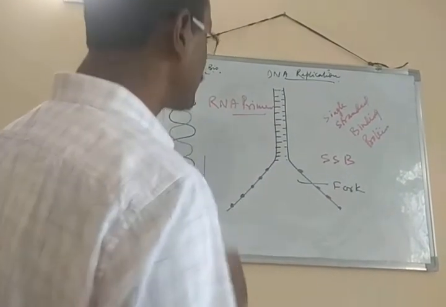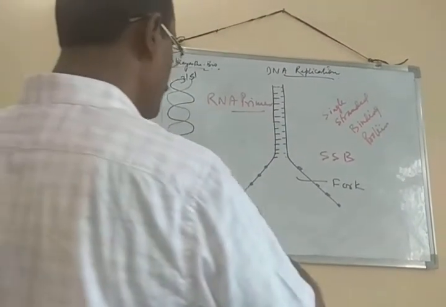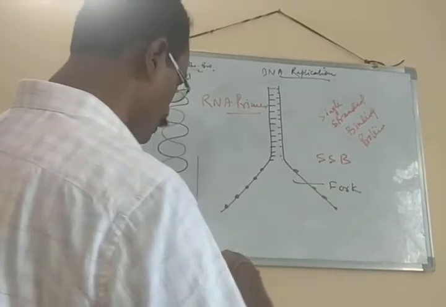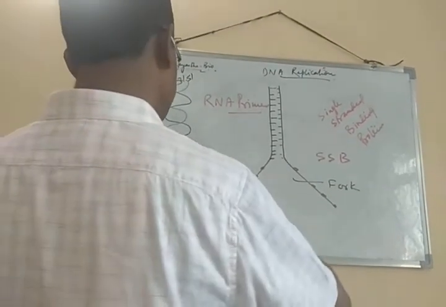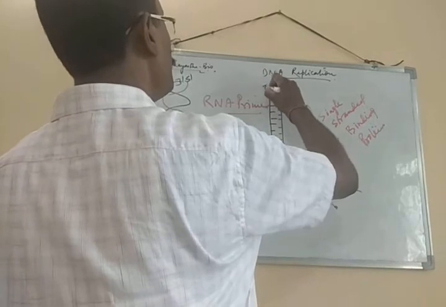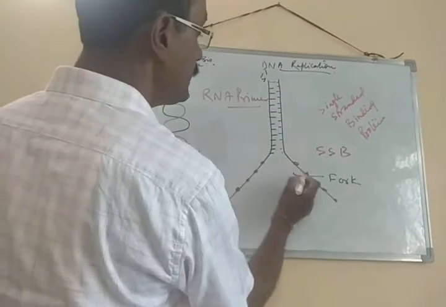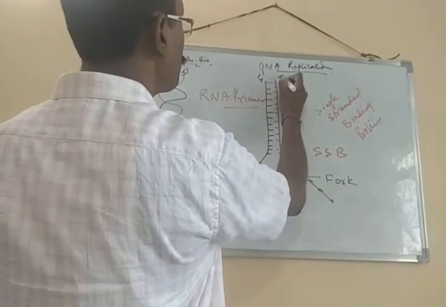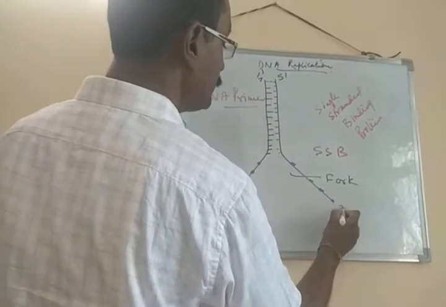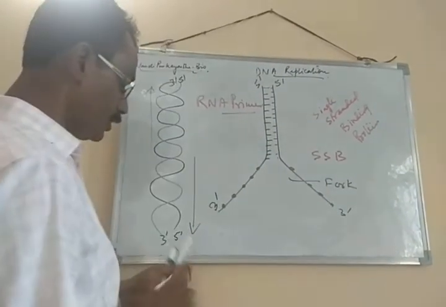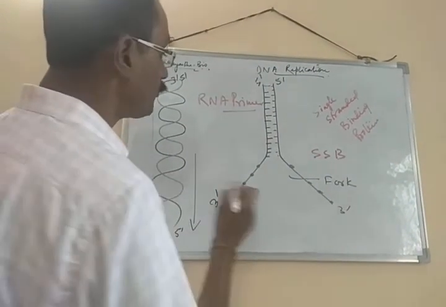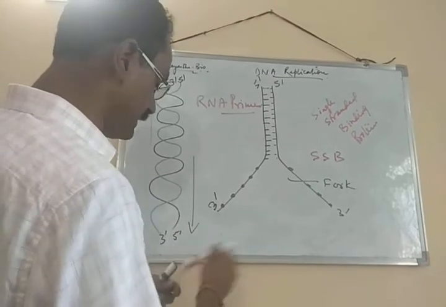So what happens now exactly? Here, suppose I am taking it to be 3' to 5', and here 5' to 3'. So the RNA primer first of all will be coming and sitting here.